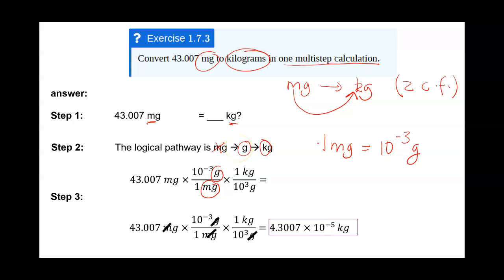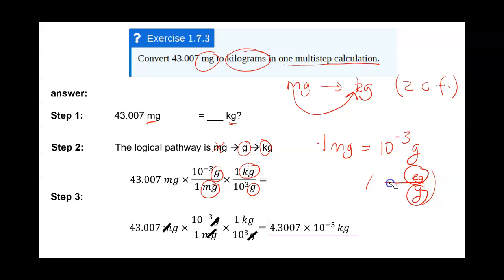For my second conversion factor, I want to get rid of grams and replace it with kilograms. So it makes sense to put grams on the bottom and kilograms on the top. So having the grams there will get rid of grams, and then I want to turn those into kilograms.